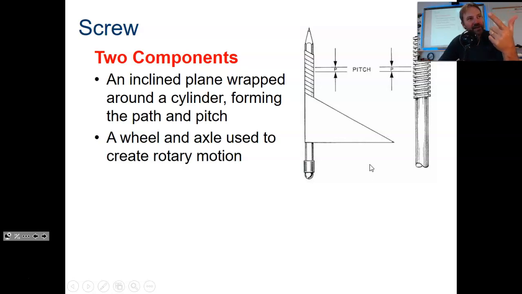And then a wheel and axle is the same thing as a lever. In a way, if you think about it, they're kind of just levers. So some people say only inclined plane, only lever, and only pulley.